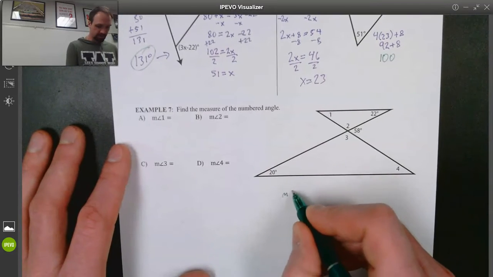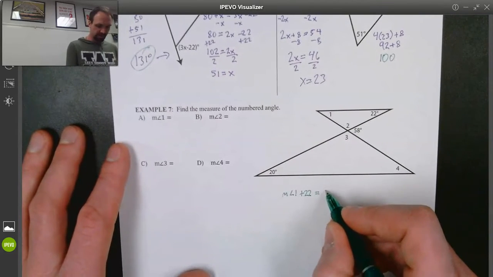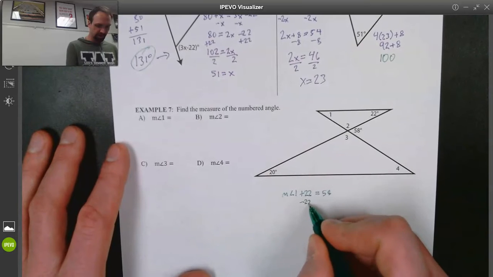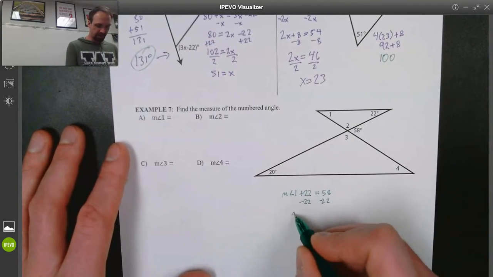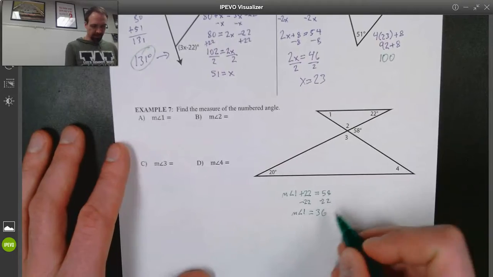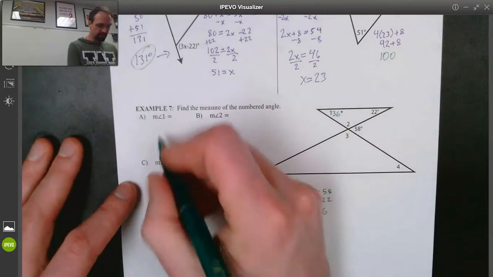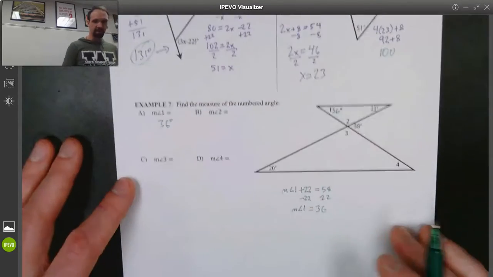So if I subtract 22 on both sides, I get the measure of angle 1 is equal to 36. So this is 36 degrees. I can also put that there as well.